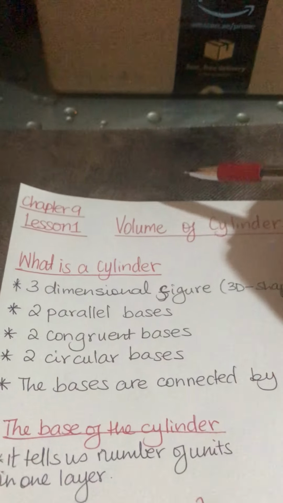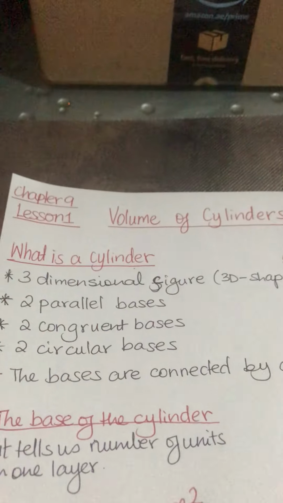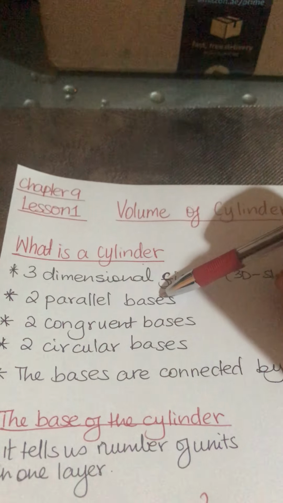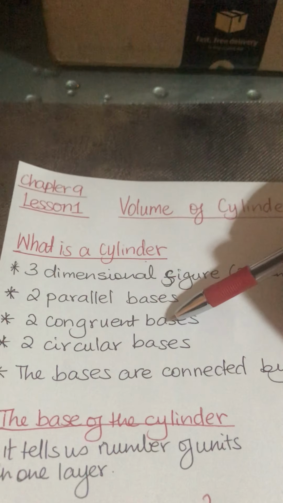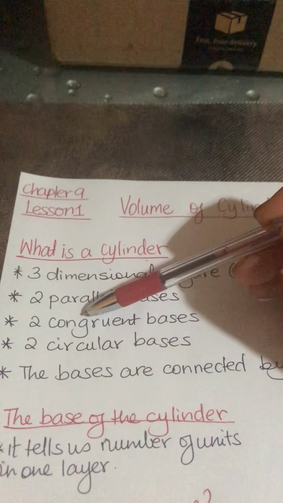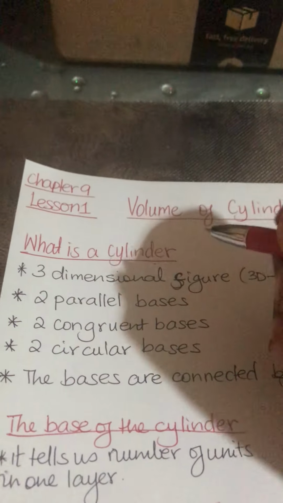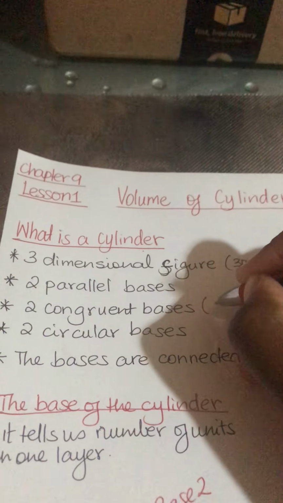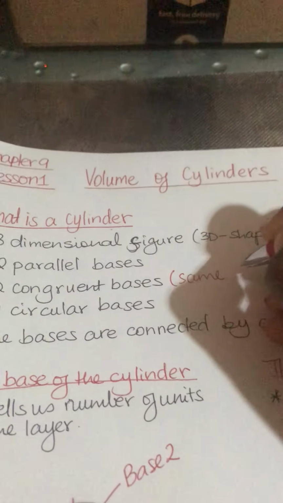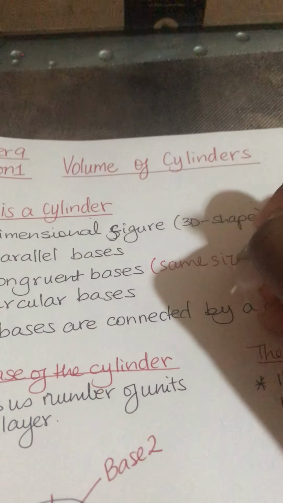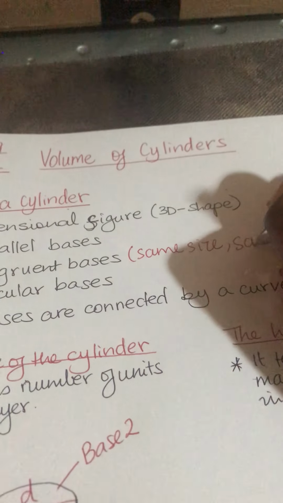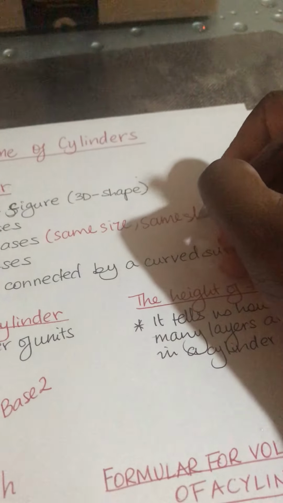Okay, so let us describe what a cylinder is. A cylinder is a three-dimensional shape. It has two parallel bases. The bases have to be congruent. The base on top and the base at the bottom have to be the same size, same shape.